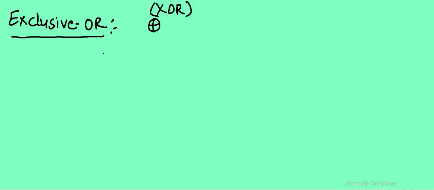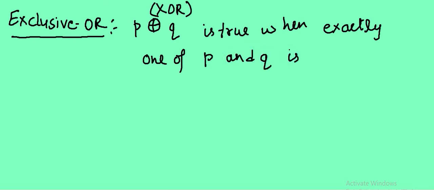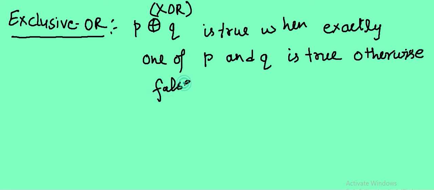So the definition says that if P and Q are two propositions, then the exclusive OR between P and Q is true when exactly one of P and Q is true. Otherwise, false, right?